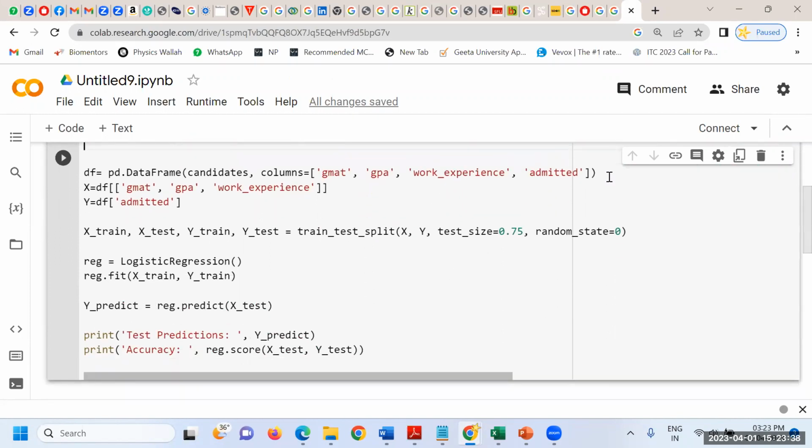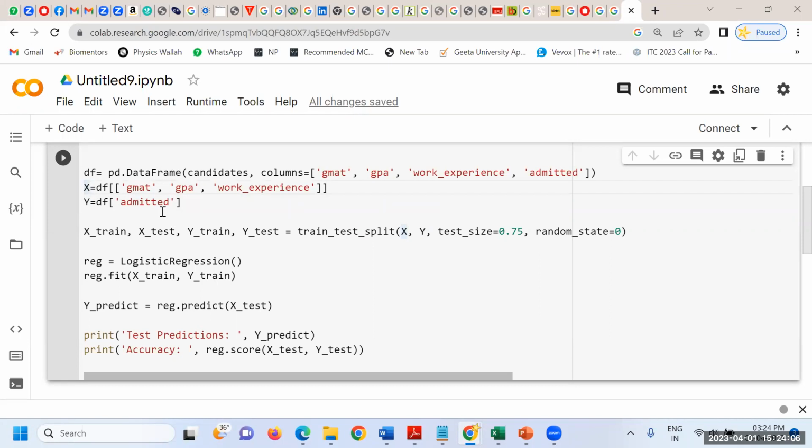Okay. So assuming up to here, this line is okay. Fine. Now coming back to your X and Y, two values we are going to take. So Y is the dependent variable, and X is your independent variable. So X is having different parameters, GMAT, GPA, that is CGPA, work experience. Based on this, he is going to get admitted.